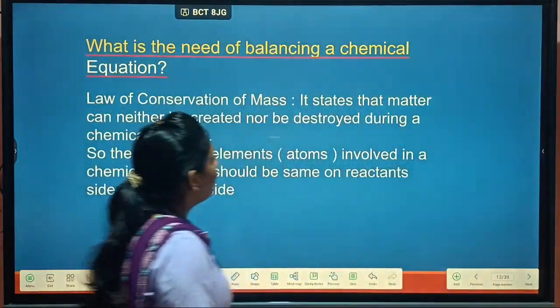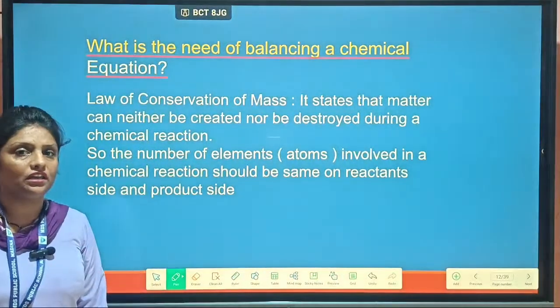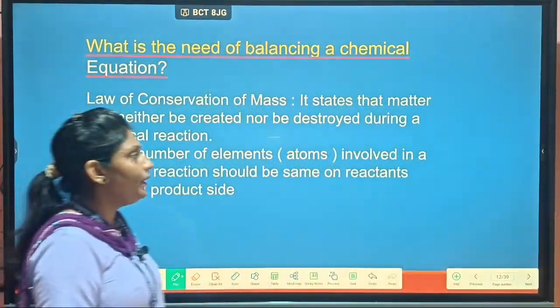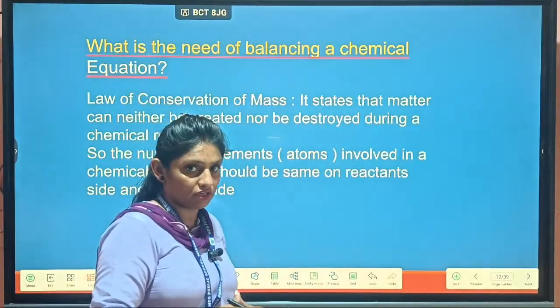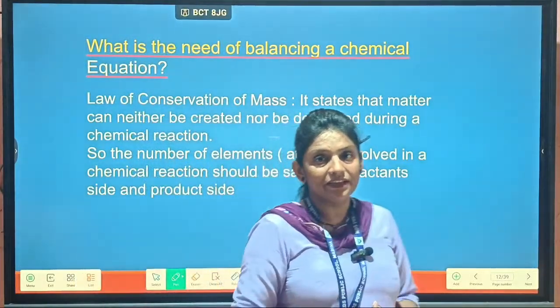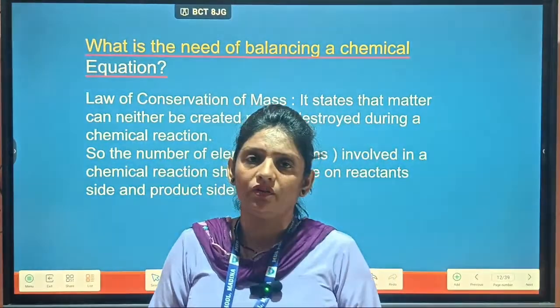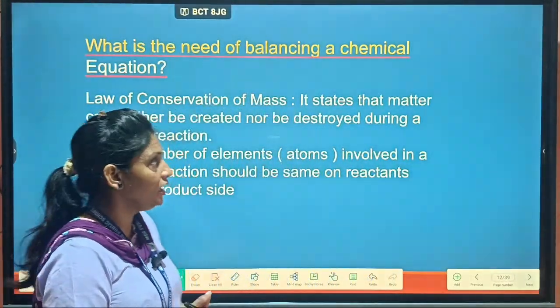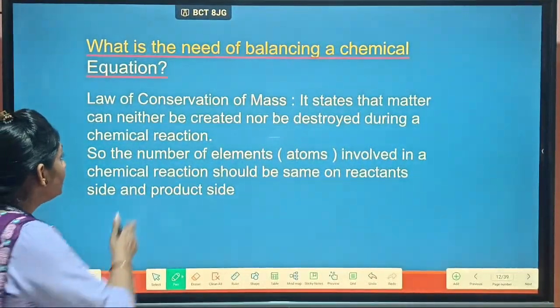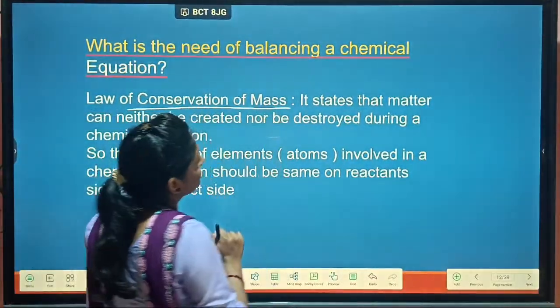Then students, we need to balance a chemical equation. The first question in our mind is, why do we need to balance a chemical equation? Due to the law of conservation of mass.